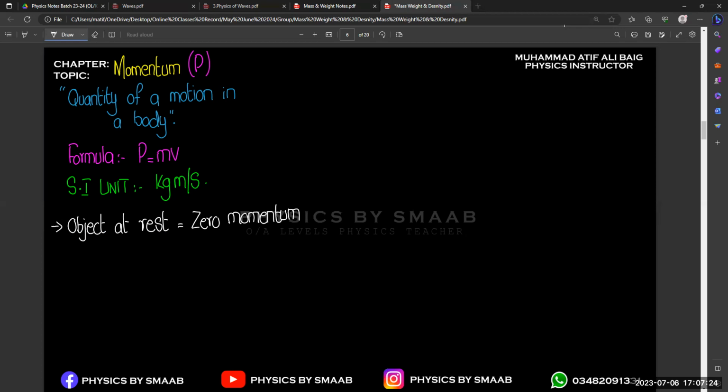If we talk about scalar and vector quantities, what do you think: is momentum a scalar quantity or a vector quantity? Scalar only contains magnitude and unit, and a vector quantity contains magnitude plus direction.